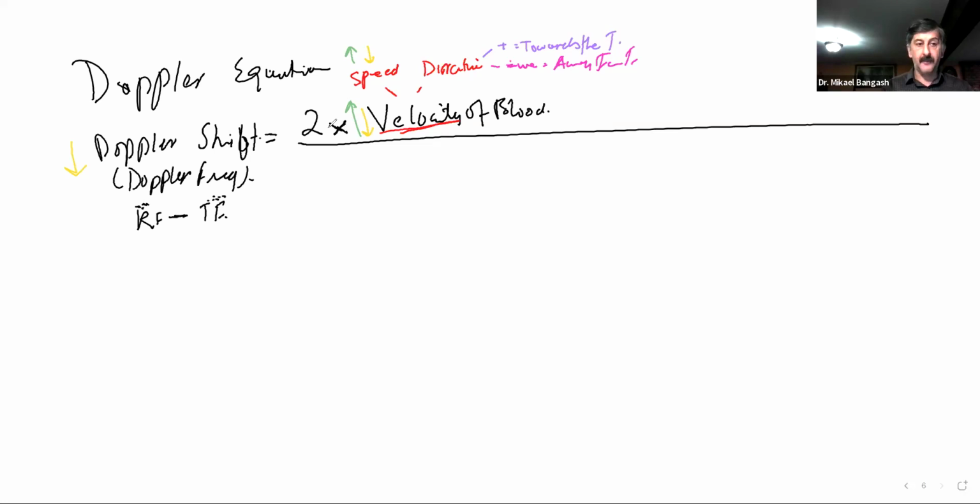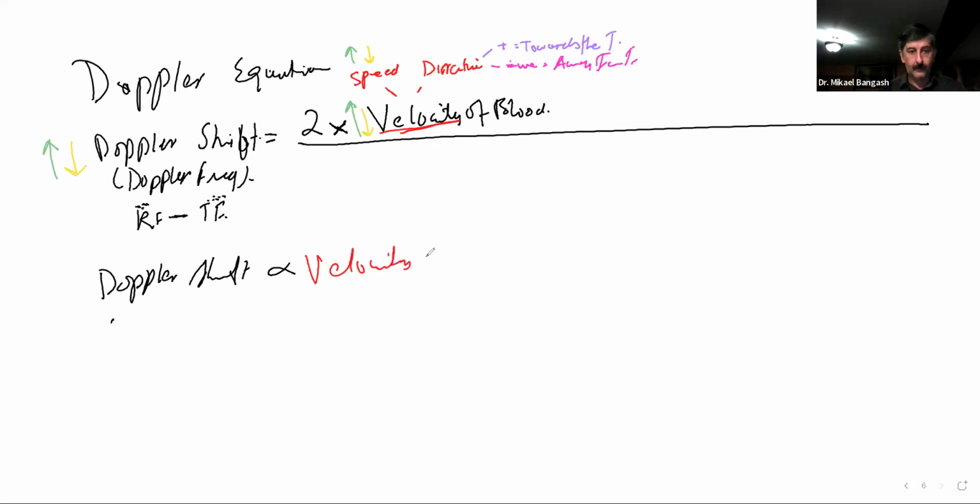And due to that high velocity, we will have a great Doppler shift. So what did we get out from this equation? We could mainly say that Doppler shift is directly proportional to velocity of blood.